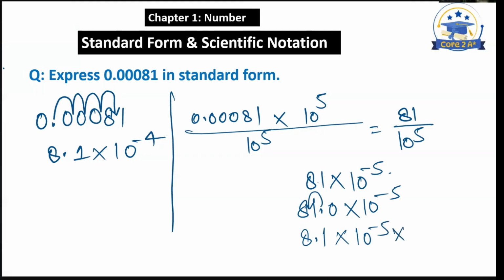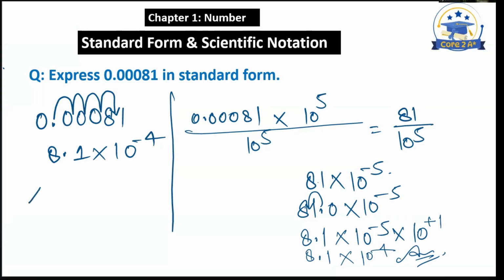If the decimal moves in the left side, then the power would be positive. So 10 to the power minus 5, 10 to the power plus 1, how much? Obviously 8.1 times 10 to the power minus 4, right? You can check.